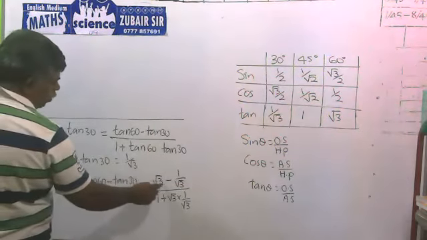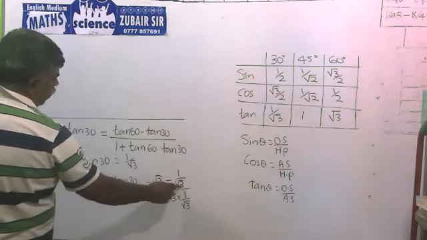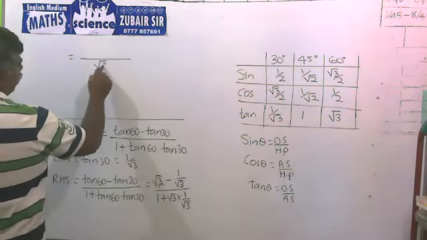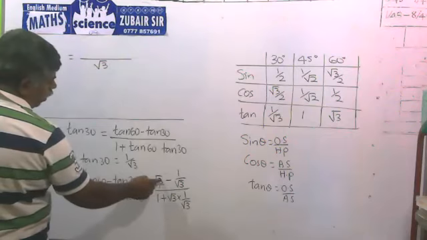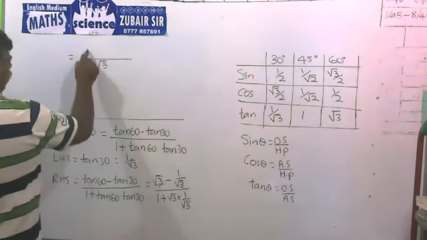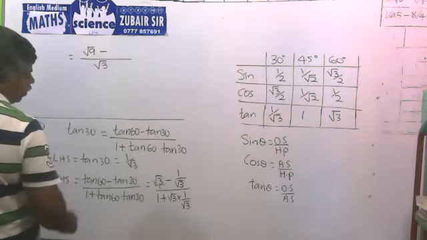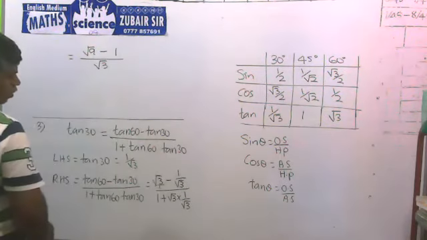Then here root 3 means root 3 over 1. So for 1 and root 3, the LCM is root 3. Then this one should be multiplied by root 3, that one should be multiplied by 1. Then root 3 into root 3, root 9, minus 1 into 1, 1. This is the upper part.